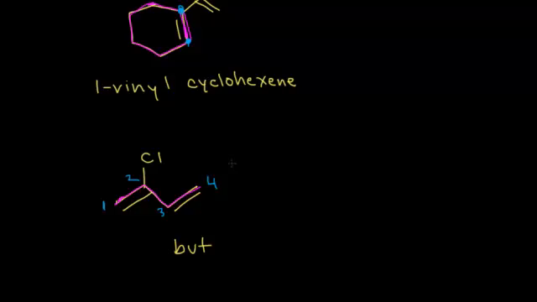If I do it this way, you can see that the first double bond starts at 1 and the second double bond starts at 3, and the chlorine substituent comes off of carbon 2. If I chose the other way from the right, I would have the same numbers for the double bonds, right? The double bonds would be at 1 and 3 again, but I would have a number 3 for the chlorine substituent. So I think it's obvious that you want to start from the left here.